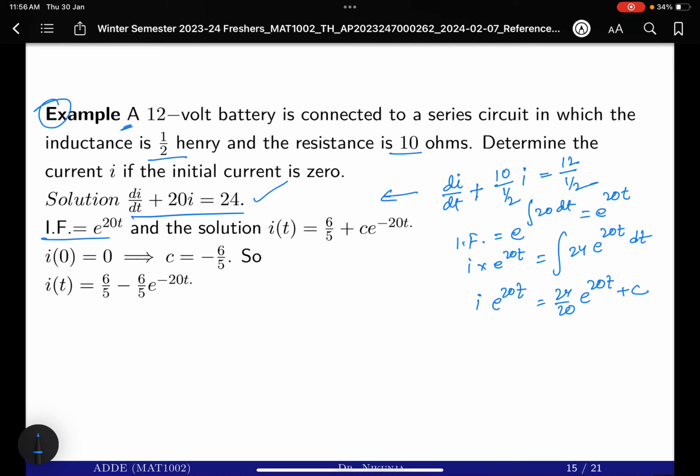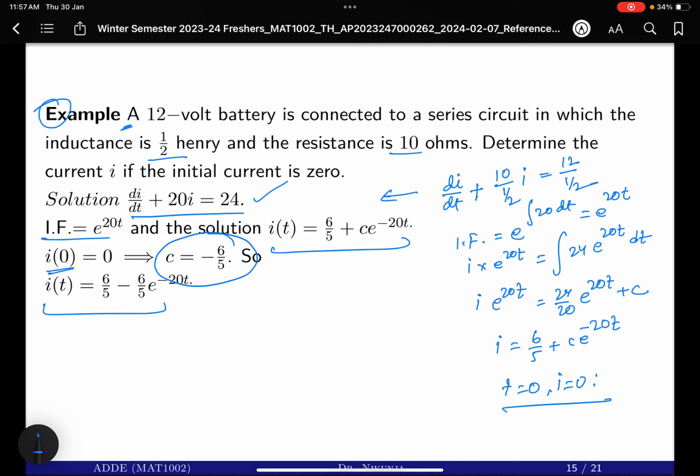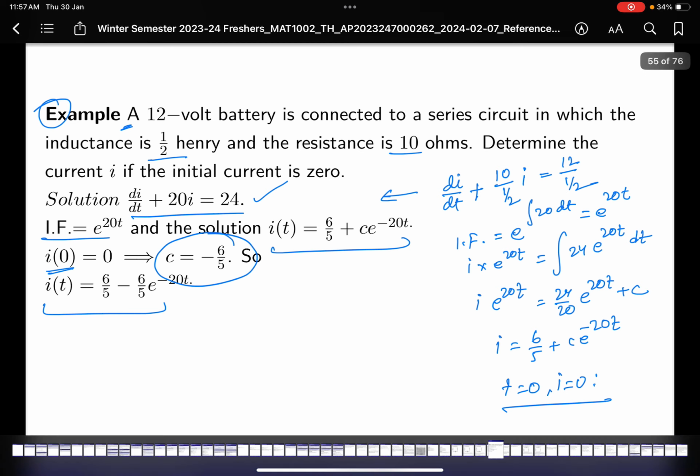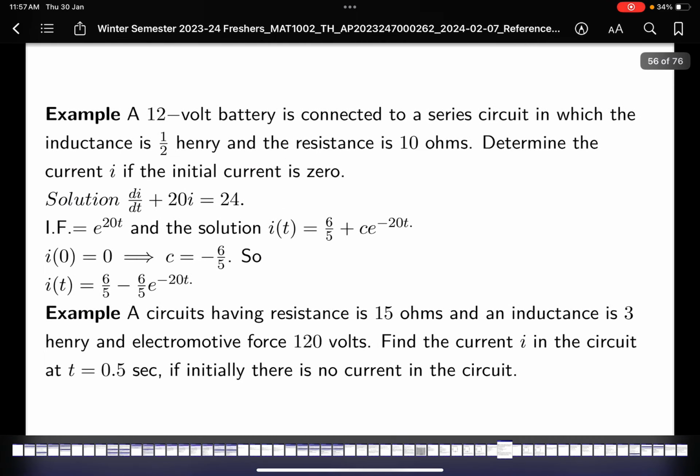Here I equals 6/5 plus c e power minus 20t. This is the general solution. Now the initial condition: at t equals 0, I equals 0. If you put that in, you get c equals minus 6/5. Back substitute here and you will get the required value for I. This is one of the applications, and this type of question is also important for exams.